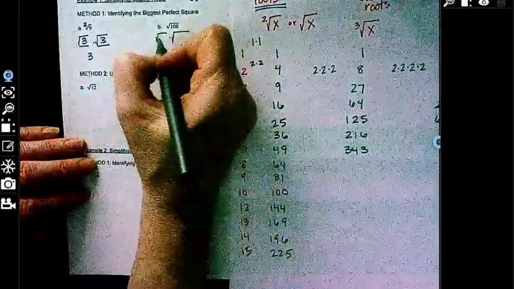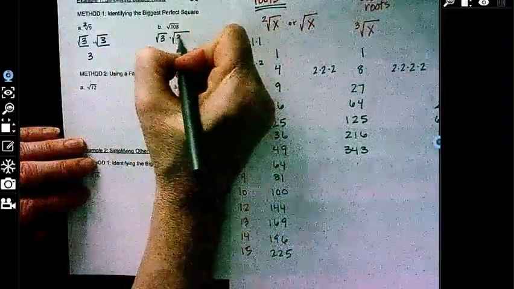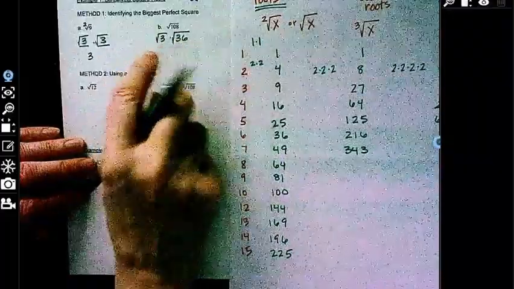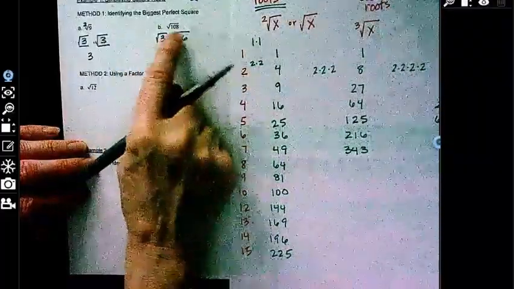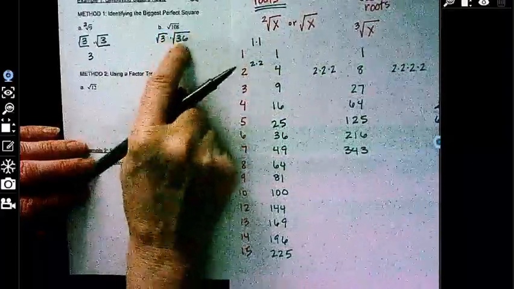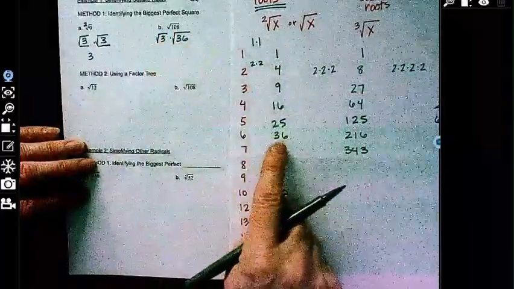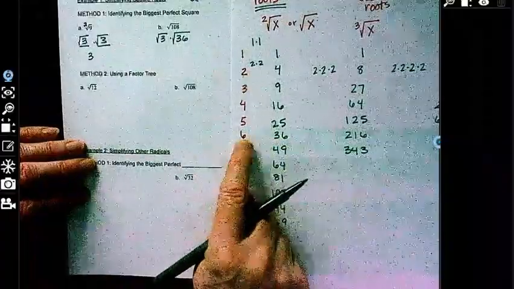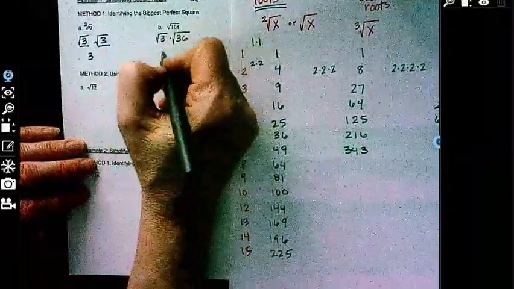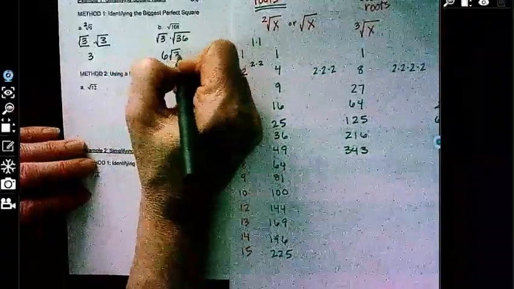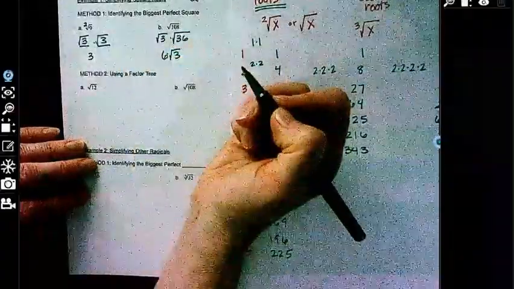I know that 3 times 36 multiplies to 108, I just factor that. I haven't taken any hats off yet. That is a perfect square. So the square root of 36 is 6, 6 times itself twice is 36. So this becomes 6 radical 3, and notice they're just multiplied together there.